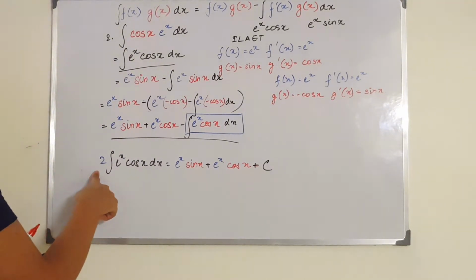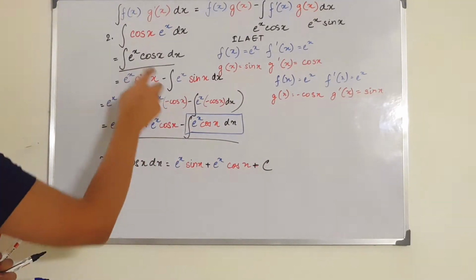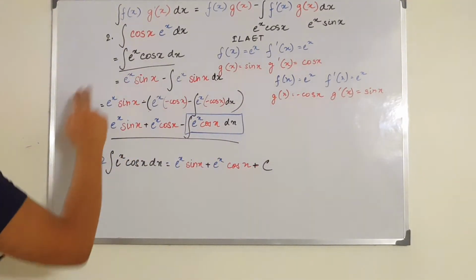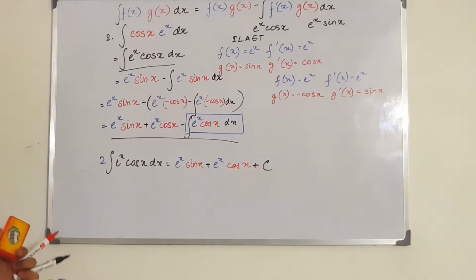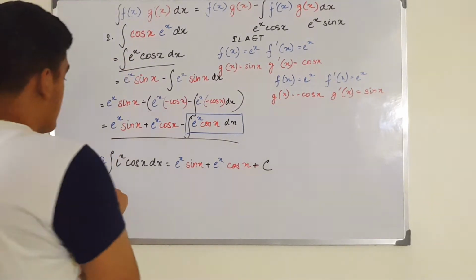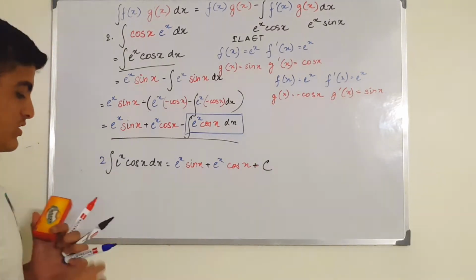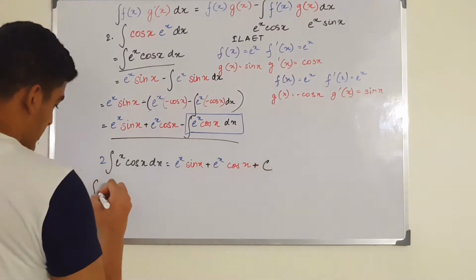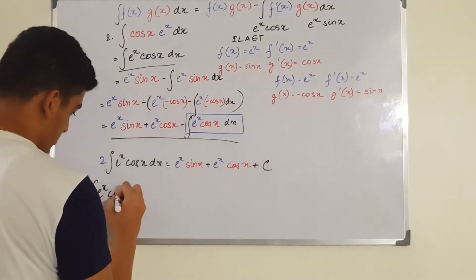Since I added this to both the sides, this got removed from the right hand side and 2 of these ended up on the left hand side. So now I can just divide both sides by 2 and I chance upon the answer.